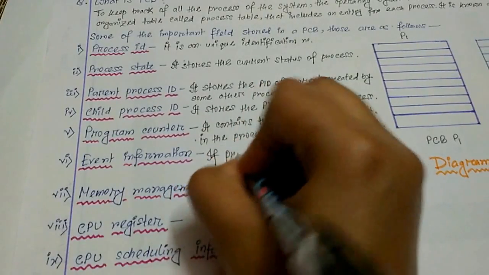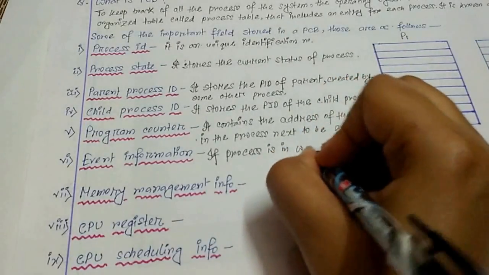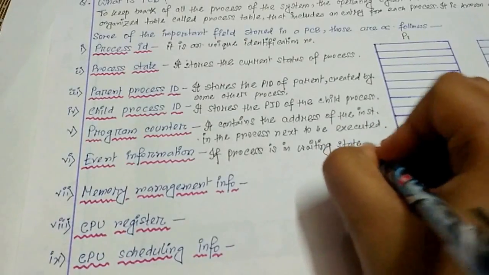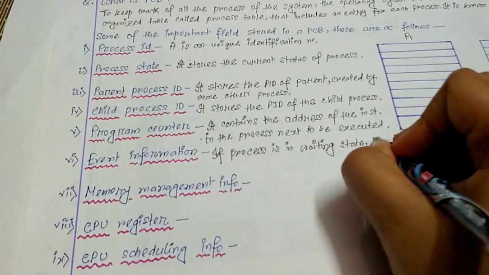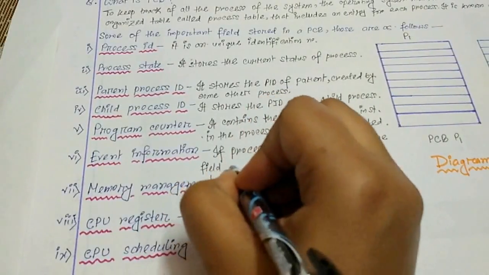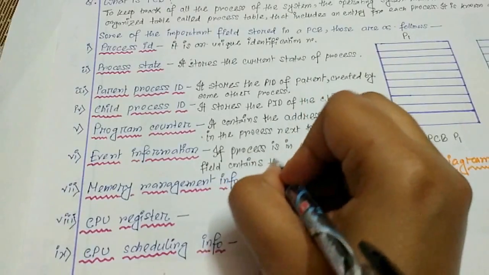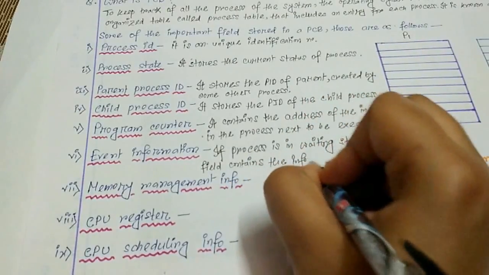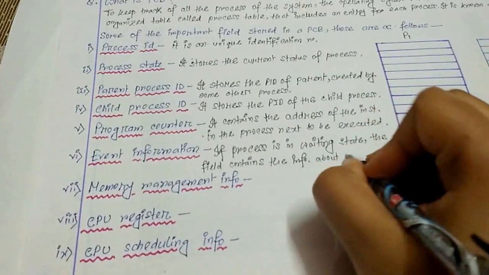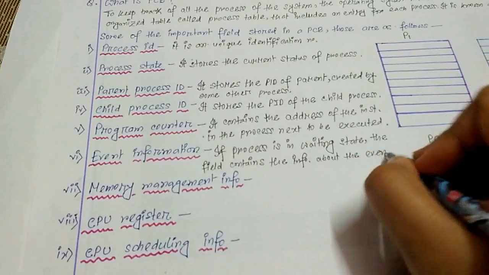If the process is in waiting state, it contains the information about the event.